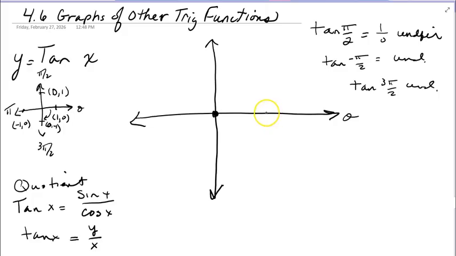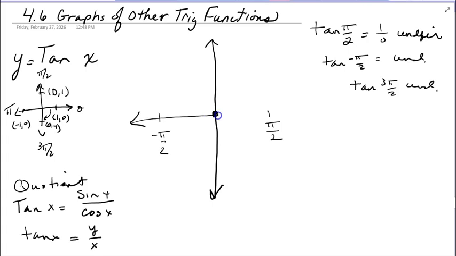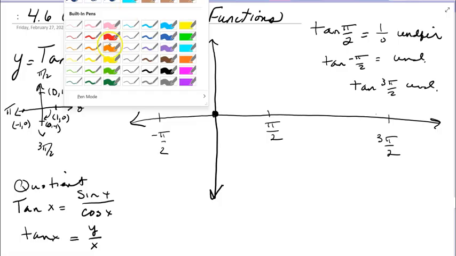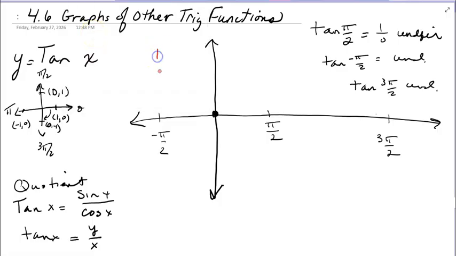Well, at pi over 2, at negative pi over 2, and if we take this a little further, at 3 pi over 2, we will have vertical asymptotes. Our tan graph does not go past these values.